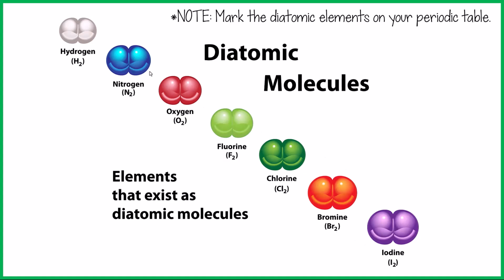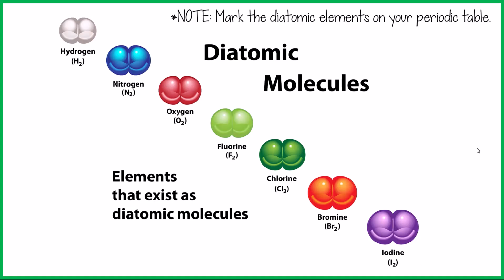So these are important to know, and I'm going to have you mark those on your periodic table as diatomic molecules, however that makes sense to you, or you can write them at the top of your periodic table, but these are important to know because you'll need these throughout the remainder of the course, and you will need to have those written down or memorized somewhere.